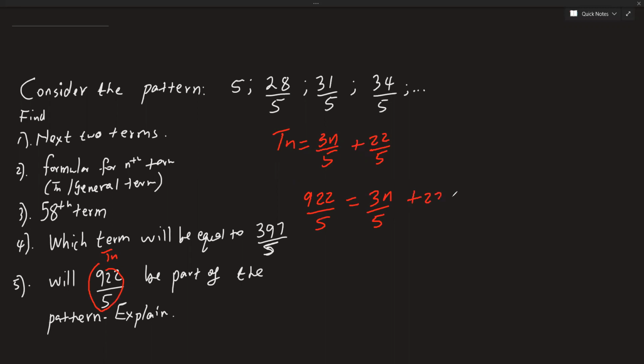Plus 2 over 25. So ladies and gentlemen, before we solve this, let's quickly explain. To prove that the value forms part of the pattern, you are always trying to show that n is a natural number. By natural number, I mean 1, 2, 3, 4, 5, 6, and so on.